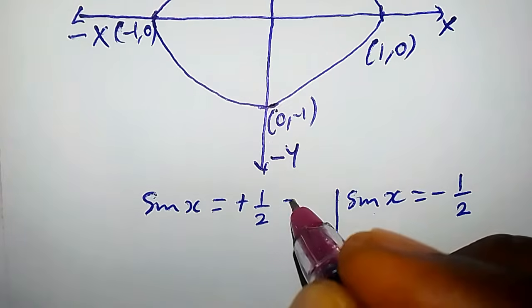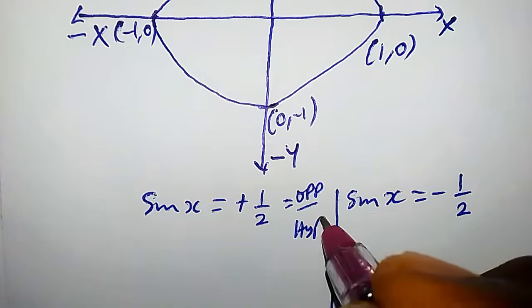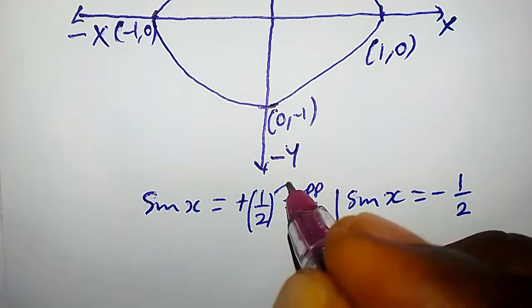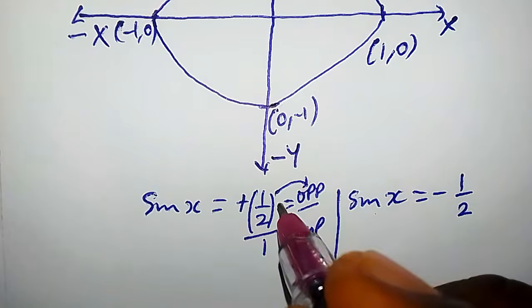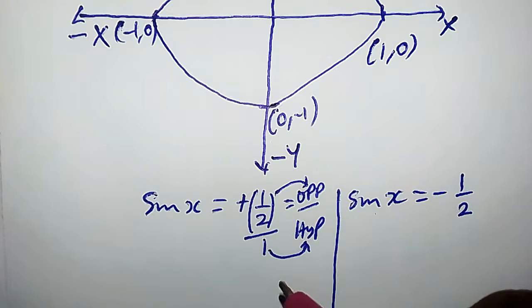Don't forget this is equal to opposite over hypotenuse. 1 over 2 is our opposite, and 1 is our hypotenuse.